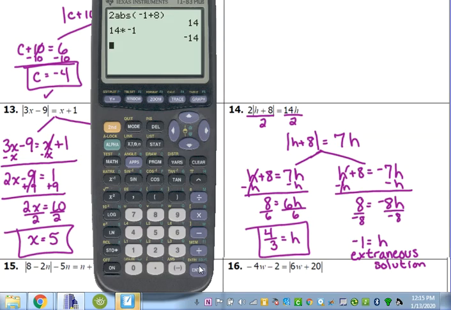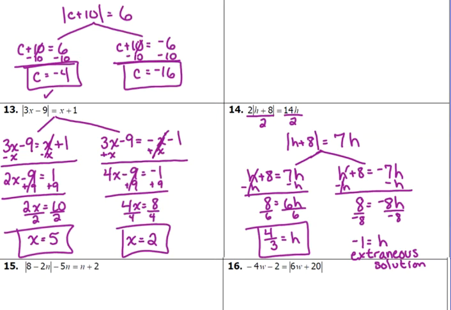I don't want you to erase it. I don't want you to mark it out. If you run into an extraneous solution, leave your work, leave your answer, and write extraneous solution beside it. I would not be surprised to see one of these as a question on the exam where they ask you to drag and drop.